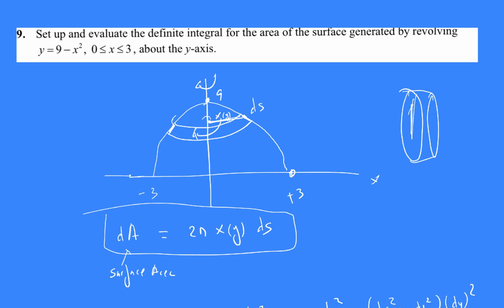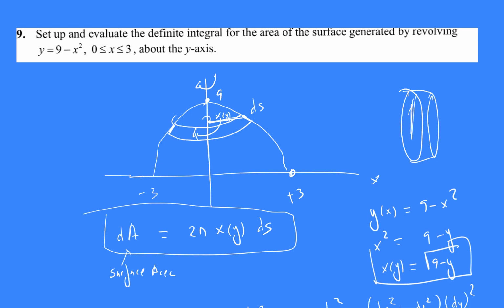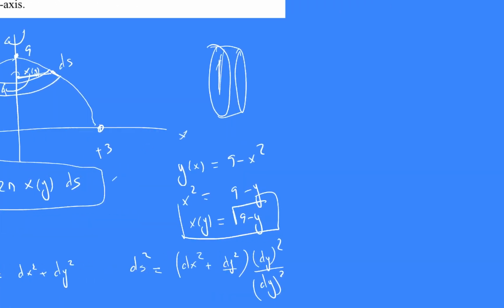But what I have is y of x equals 9 minus x squared. This means that x squared is 9 minus y. So x of y is the square root of 9 minus y. So let's plug in here. Remember this equation, I'm going to write it like this: 2 pi x of y by ds.